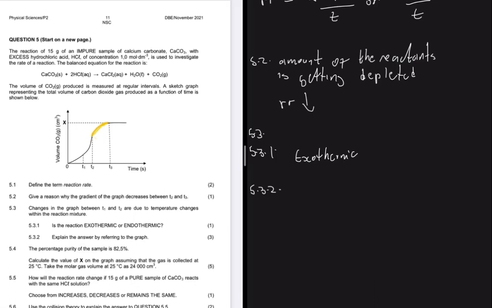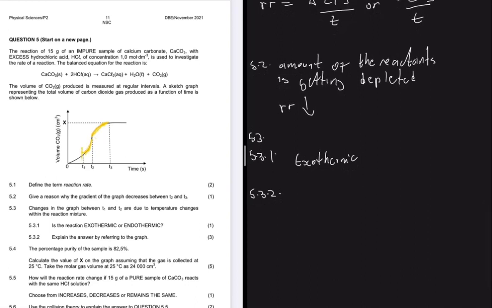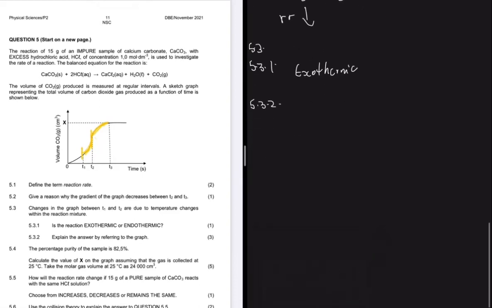And then from T1 to T2, we have a very steep gradient, which shows that the reaction rate is high, right? So the only time a reaction mixture will increase its internal temperature is if the reaction is exothermic.